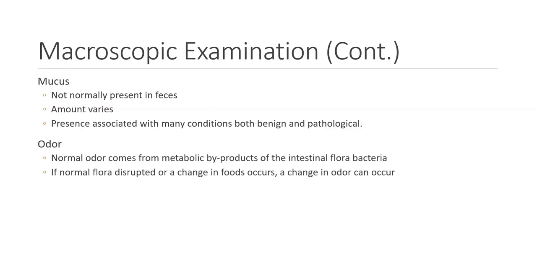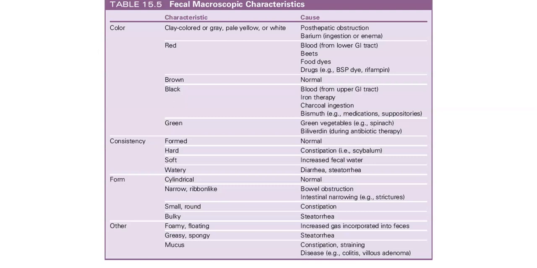If the normal flora in the intestinal tract is disrupted or a change in food occurs, a change in odor can also occur. So I want you to spend some time with this chart. It's in your textbook, and I want you, if you see it on a test, to be able to give reasons for the color of stools, some words used to describe the consistency and the form, and some other types of observations that may occur in a macroscopic exam.